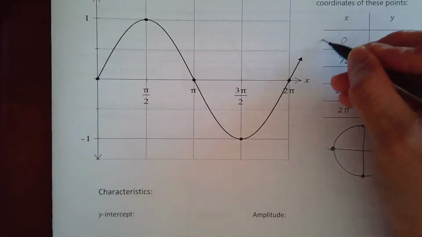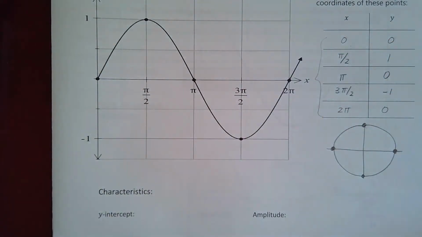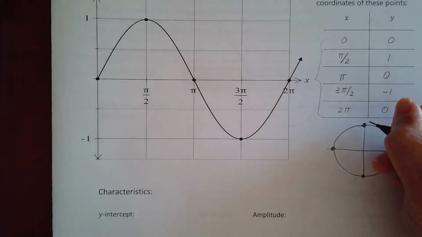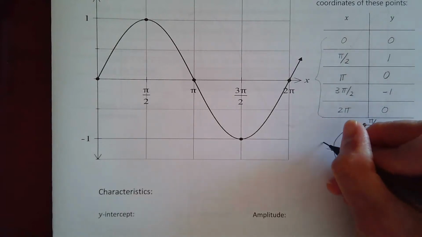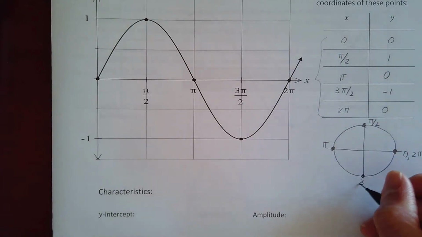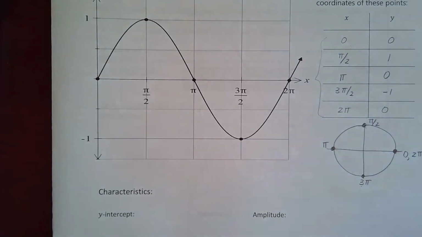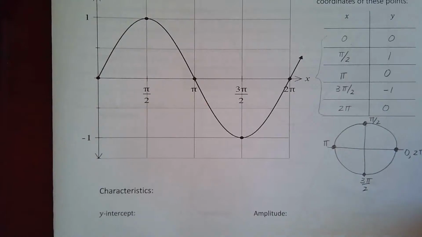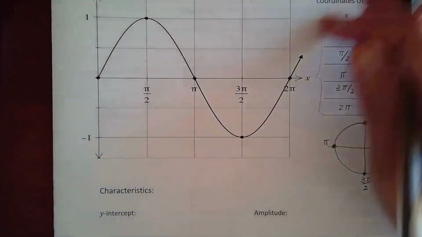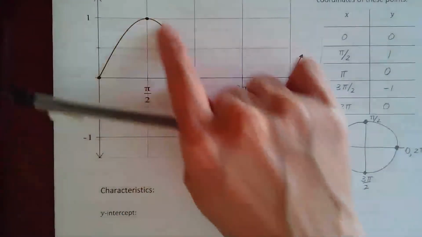So all these key points are the quadrantal angles. So 0 and then 2 pi for sure after we go around. Pi halves, pi, 3 pi halves, and then back to 2 pi.